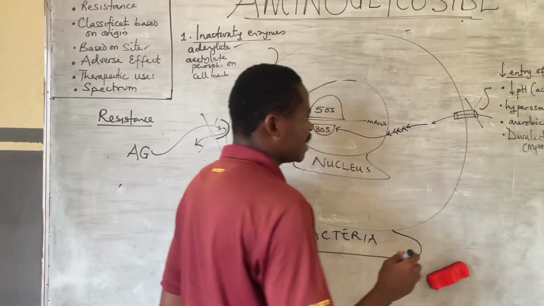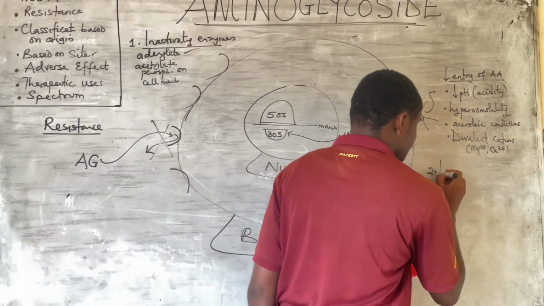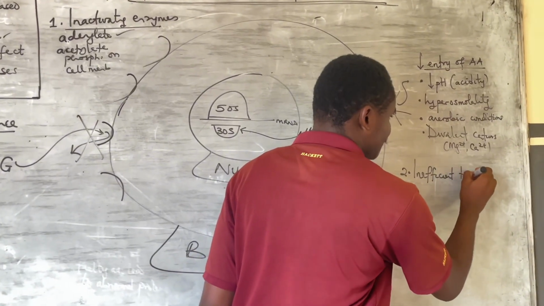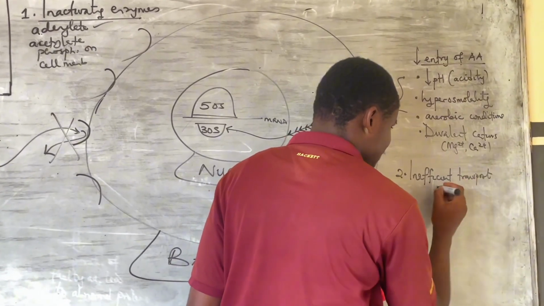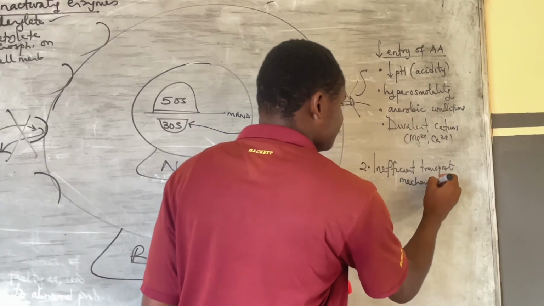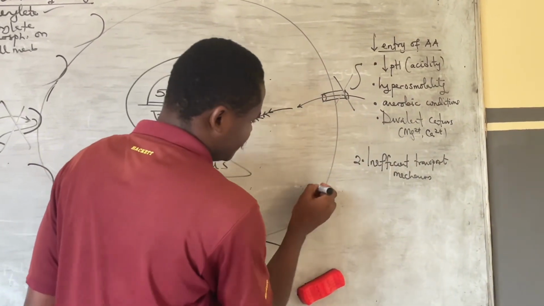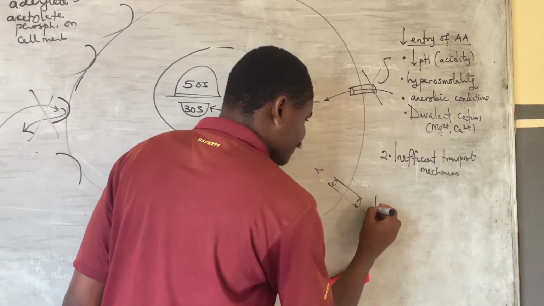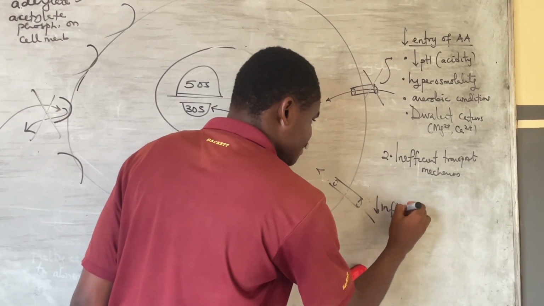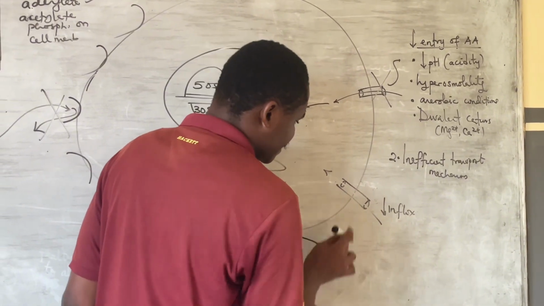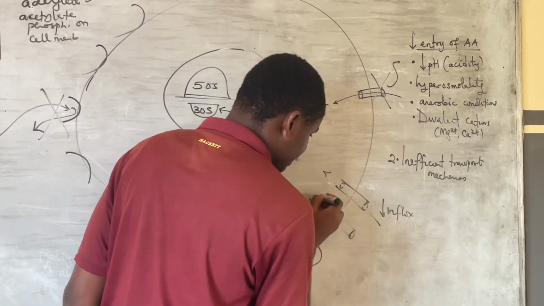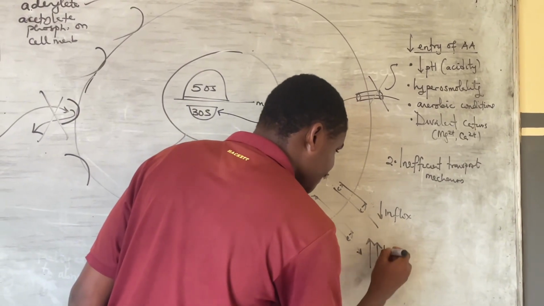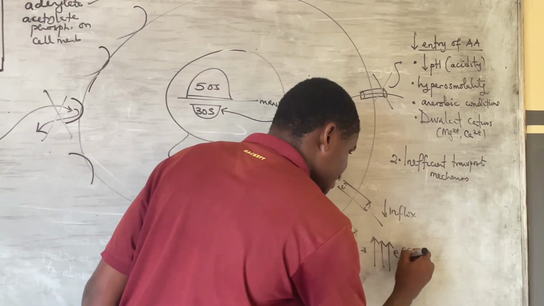Now, number two can be an inefficient transport mechanism. By inefficient transport mechanism, I mean that there are fewer channels. That means there is a fall in influx channels, or there is an increase in efflux channels.